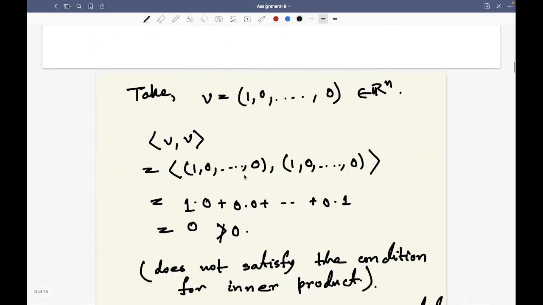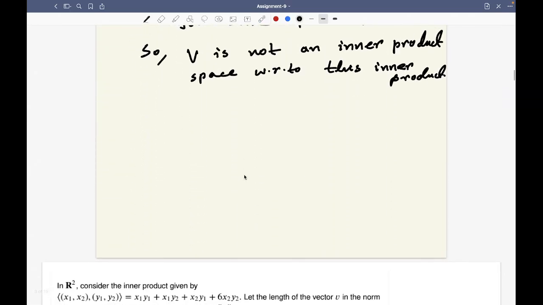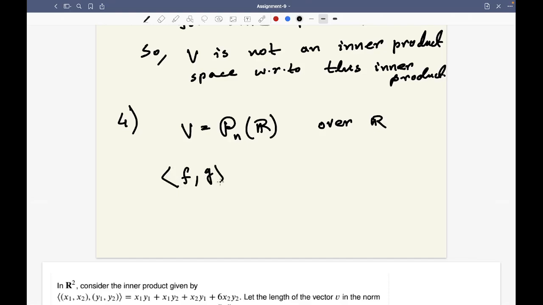So V is Pn over R, and how is the inner product defined? The inner product of f with g is the integral from 0 to 1 of f(t) times g(t) dt.